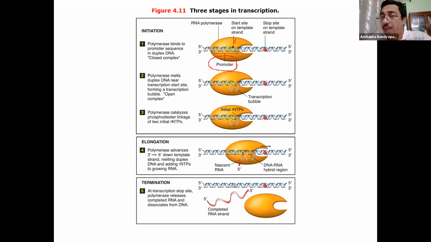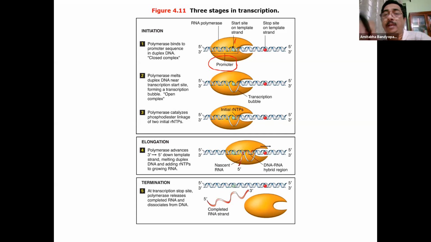Now let us get it straight. Promoter is the sequence to which RNA polymerase is recruited. Okay? There is no other definition. Promoter is the sequence to which RNA polymerase is recruited.